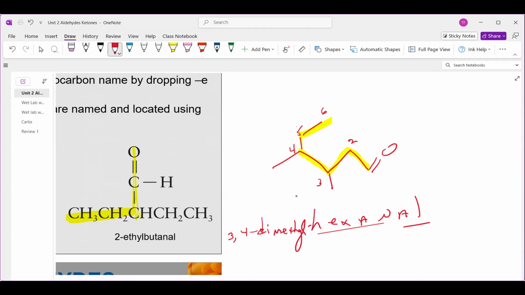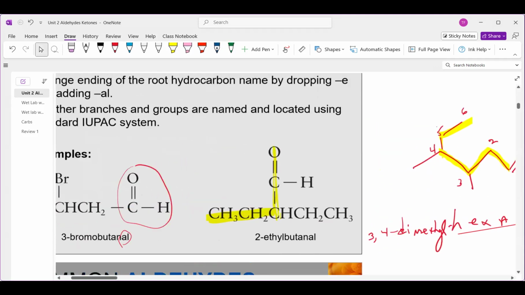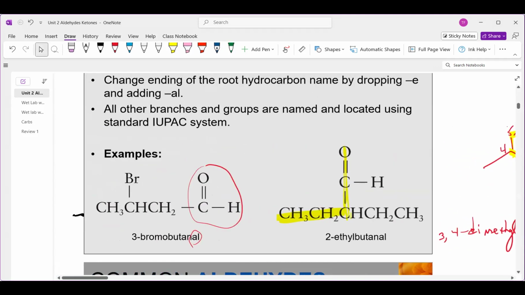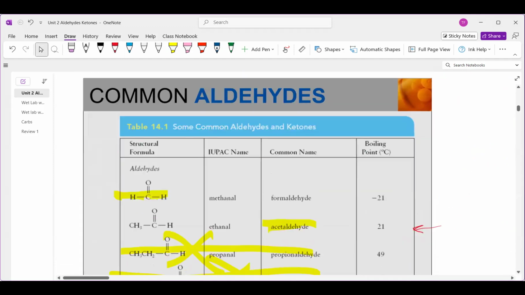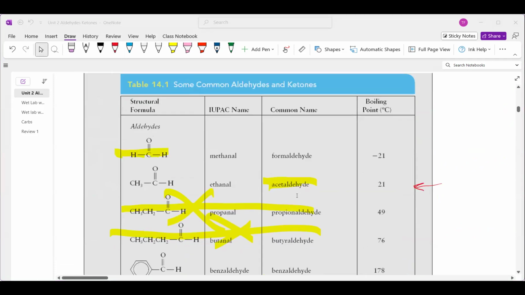Now, between the two, the aldehyde and ketone, ketones are more stable than the aldehyde. So in nature, you'll see many ketones, very few aldehydes. Now, these are some common aldehydes.